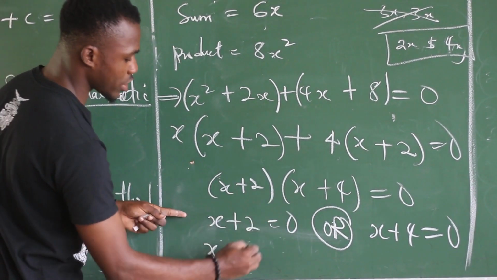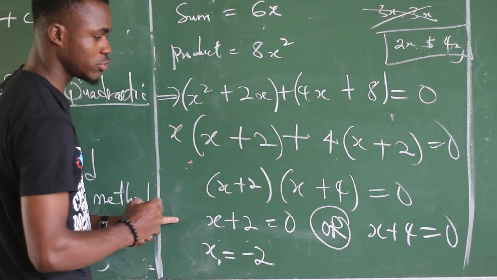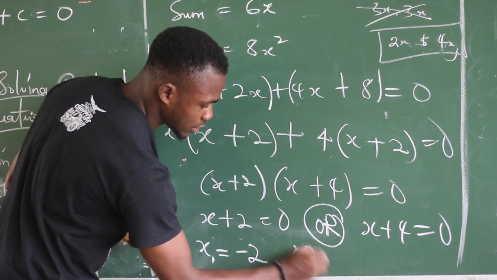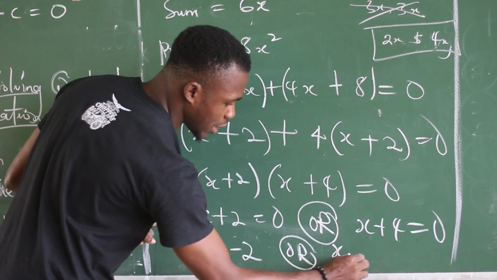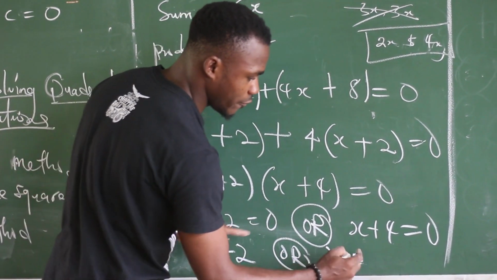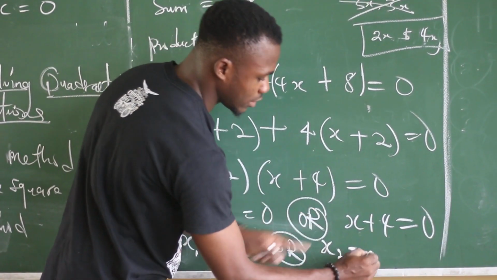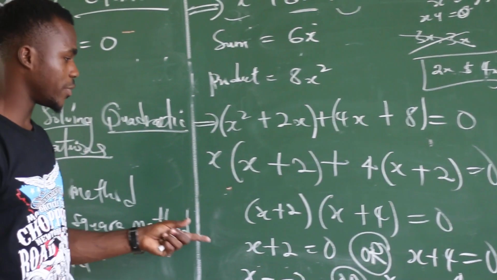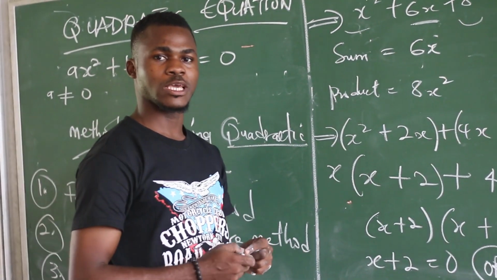So 2 moves over to this side, we have minus 2. And then let's say this is our x2 here. If 4 moves over to this side, it becomes minus 4. So that becomes the roots of the equation.